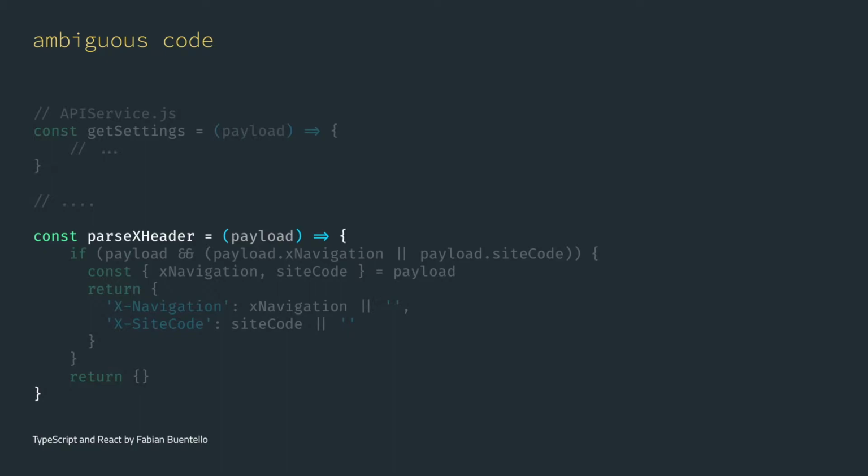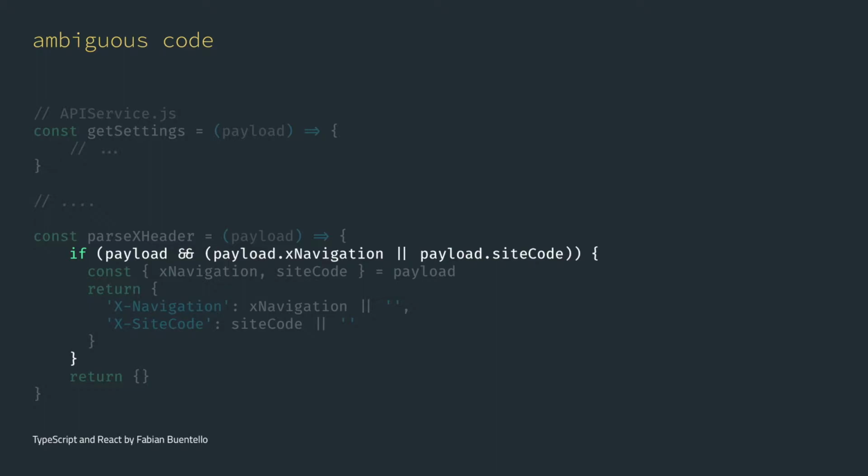So now I'm into another function to figure out what this variable payload is. Off its first line, I can infer that it is an object. It has a property xNavigation and a property siteCode.